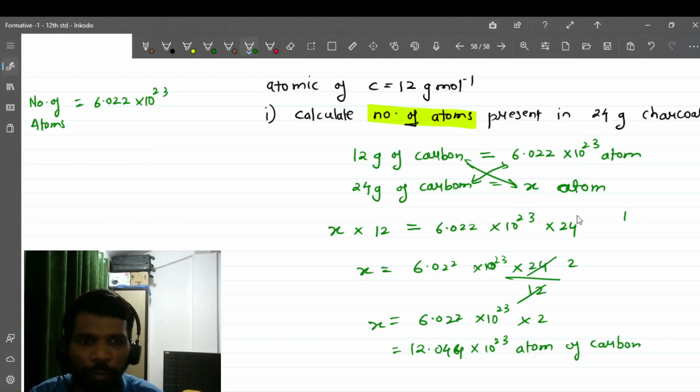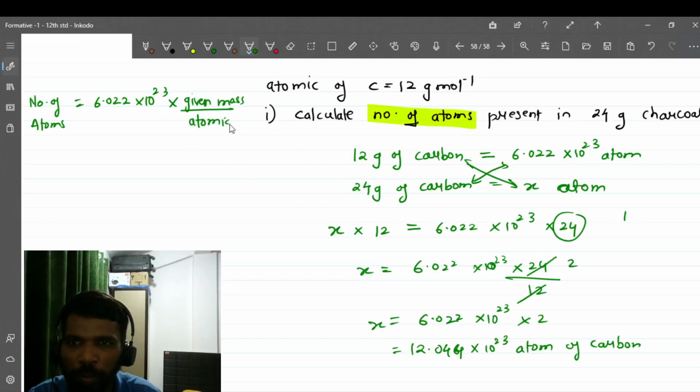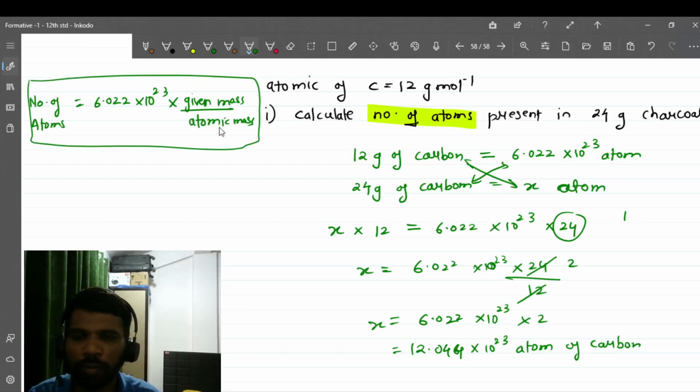What is this 24? 24 is the given mass, upon what is this? Molar mass or atomic mass. I'll use atomic mass, right? So this is like your formula. You can stick to this.